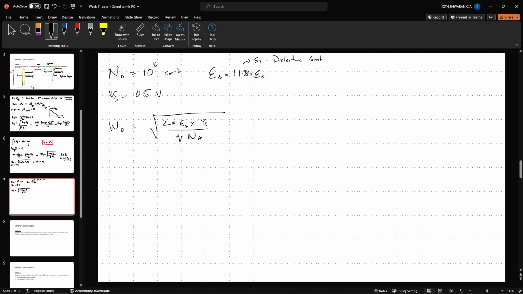So this will come out to be 2 into 11.7 into the permittivity of free space. So that is going to be into 0.5.